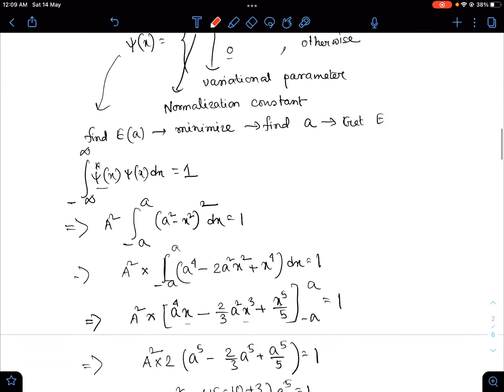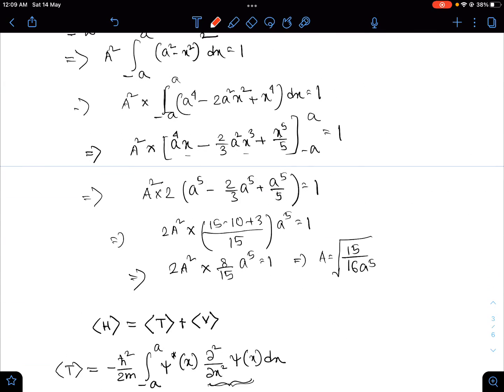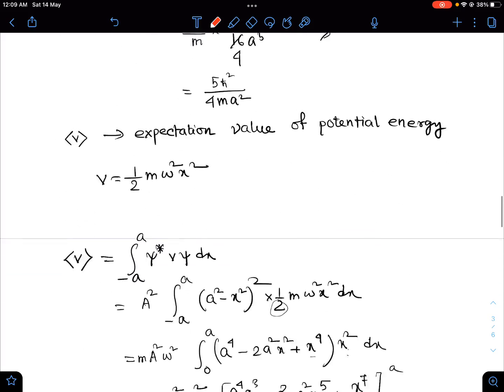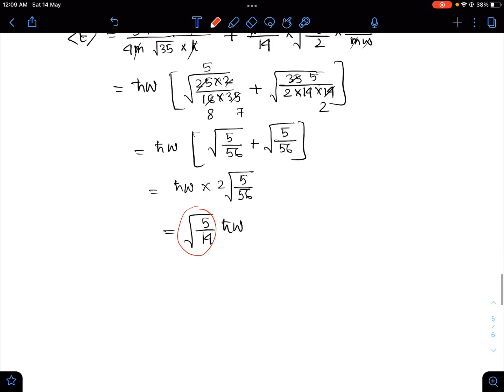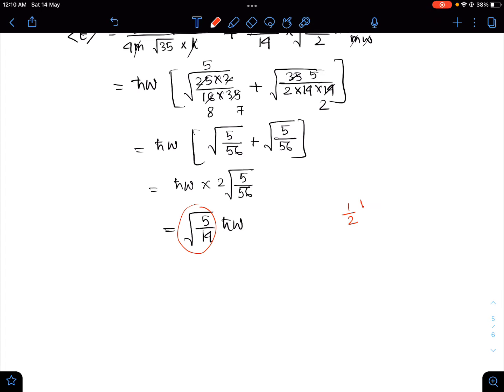So if you calculate this, this is root over 5 by 14. We know that the harmonic oscillator solution is analytically doable, and its ground state energy is half h cut omega.